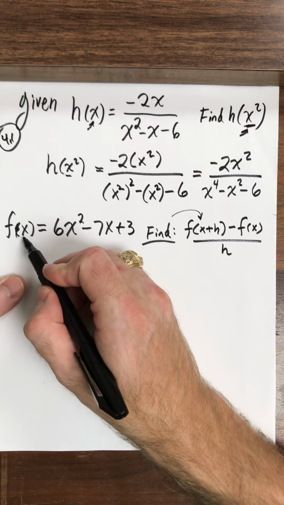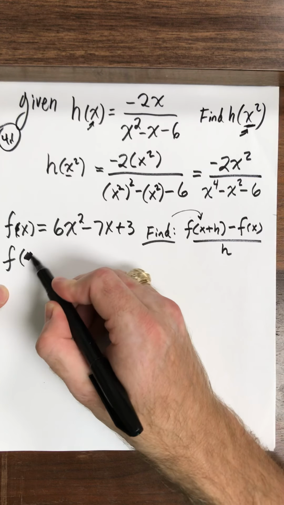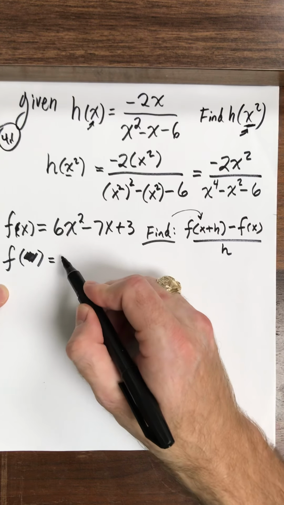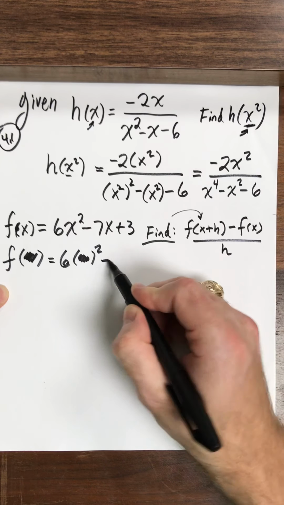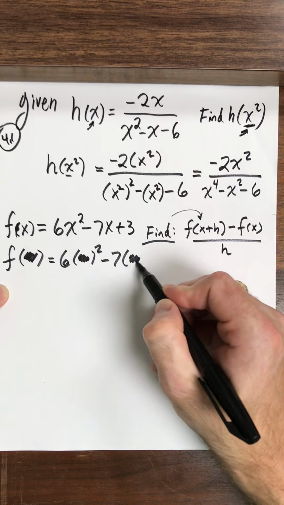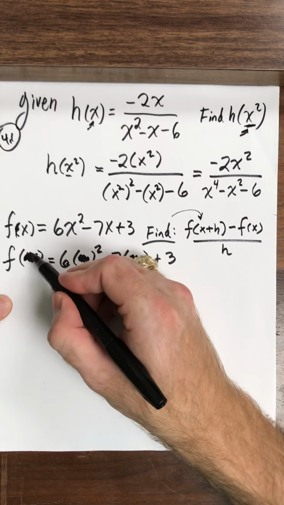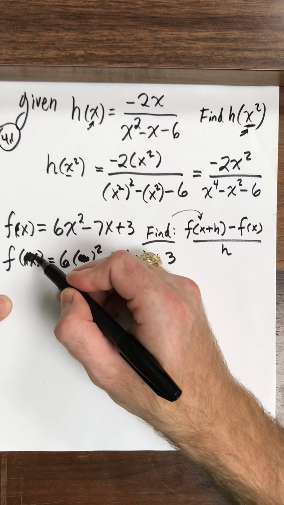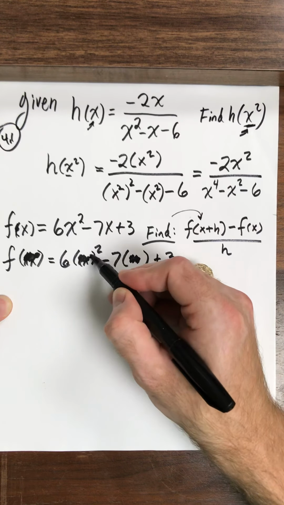So technically, you could think of it like f of blah equals 6 times your blah squared minus 7 times your blah plus 3, okay? It's just some blah. Maybe this is like a little dog or something.